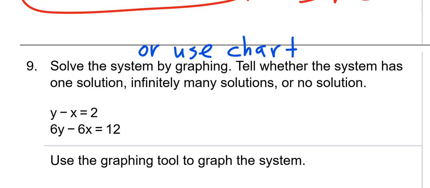Based on what you know from your chart from yesterday, what would you choose? Correct. Dependent. Anybody stuck on the algebra of getting y by itself?